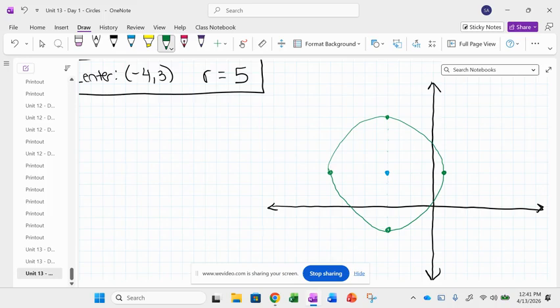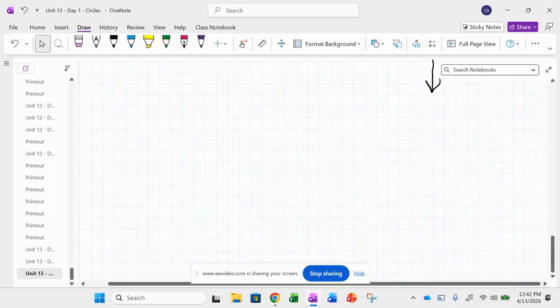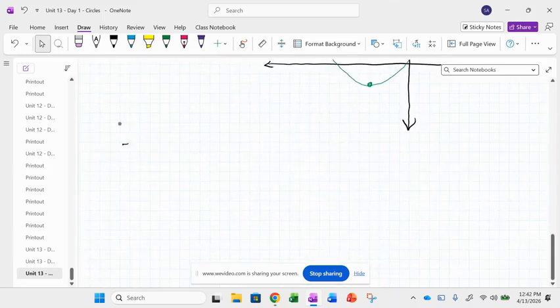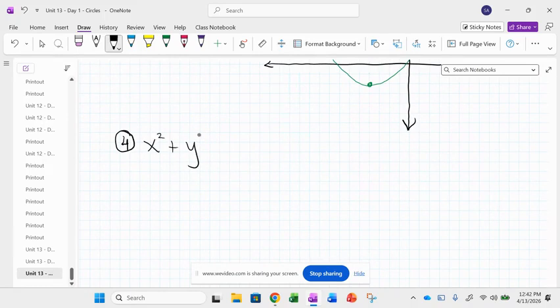All right, you guys try this next one, and then we're going to move on. So same directions. X squared plus y squared equals 4x plus 9.